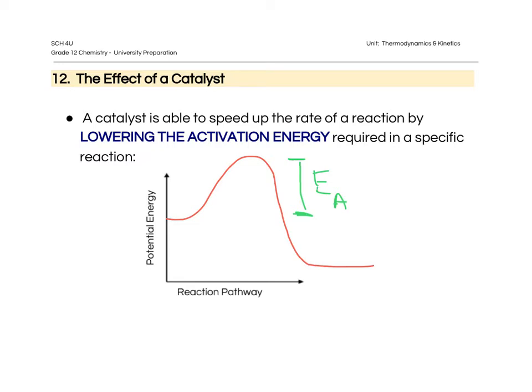If you add a catalyst to this situation, it doesn't change the energy of the reactants or the products. It does not change the enthalpy of the reaction at all. But what it does change is the activation energy. So in other words, this energy hill that needs to be overcome in order for the reaction to proceed is just simply lowered, right?